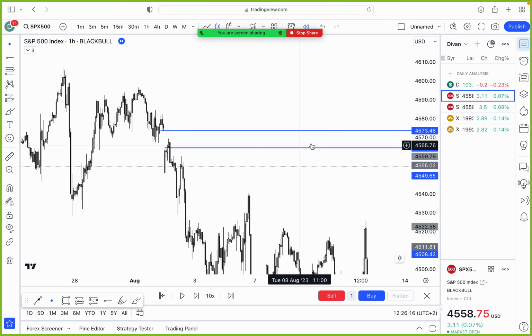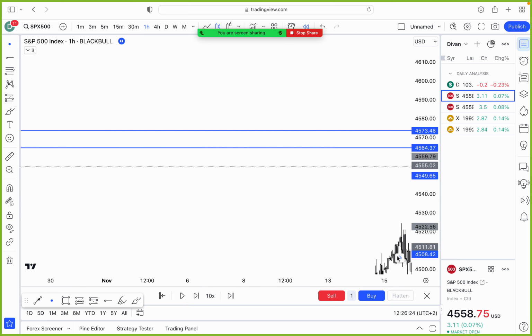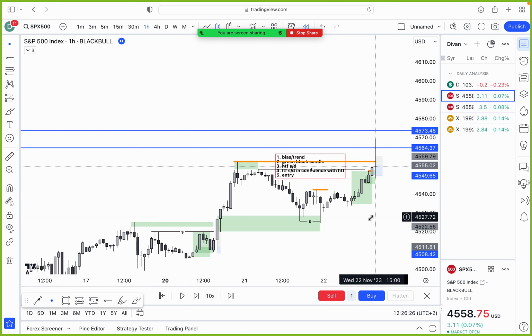So target price came here, and that is when I zoomed out, because I remembered there was a void or imbalance that needed to be filled. But in the past, price managed to fill the first line, but not the imbalance. It just managed to tap half of the imbalance and then continue down.